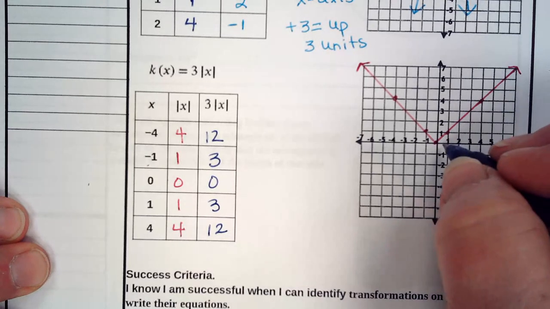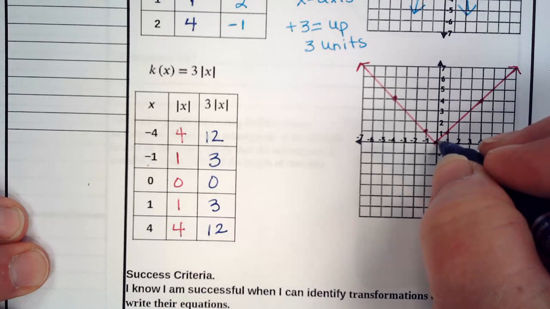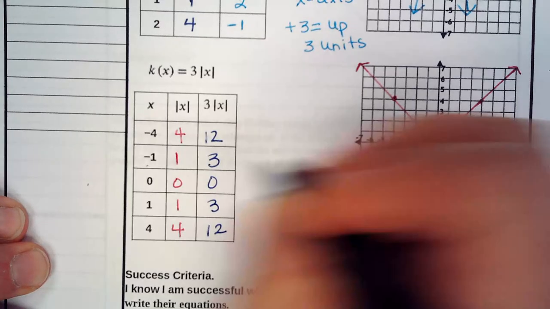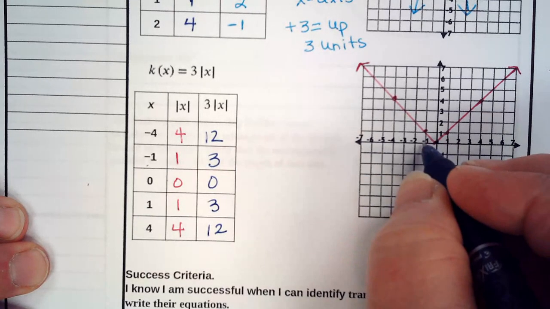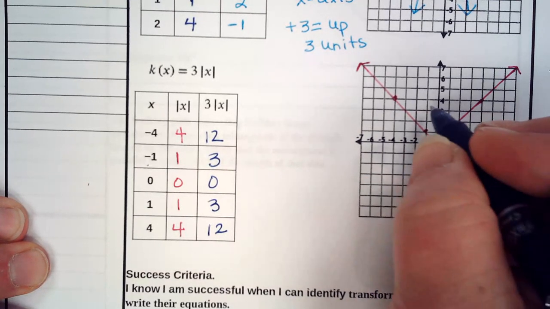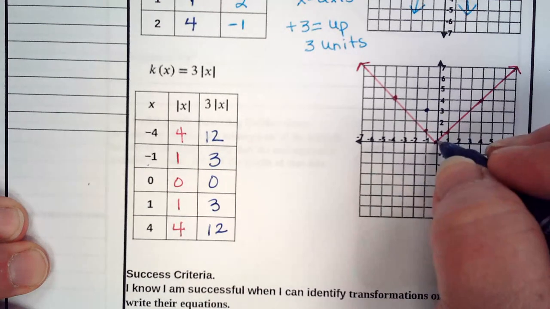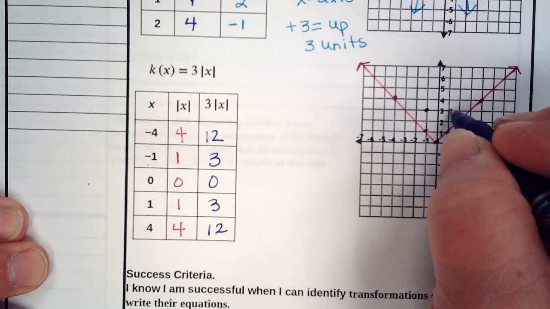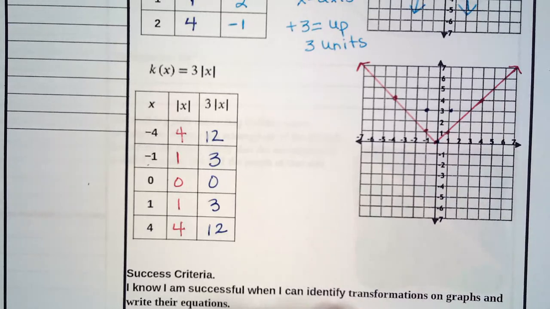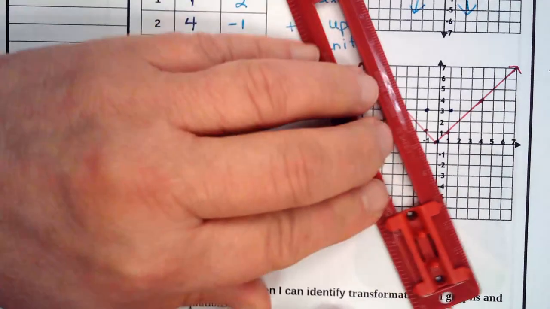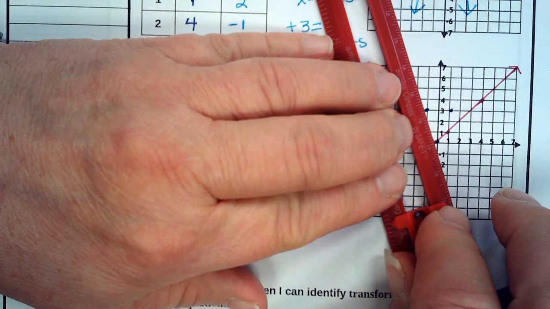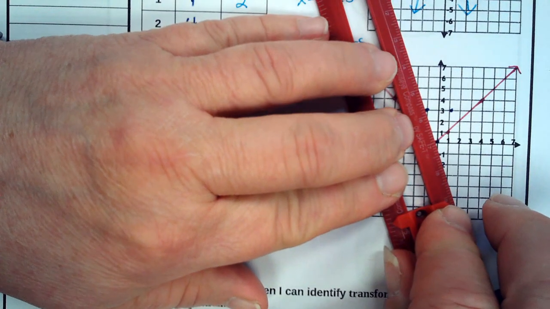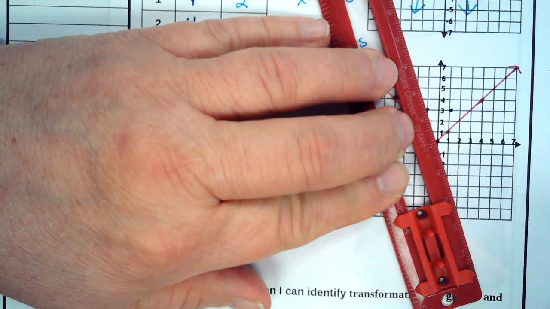So if I'm looking at this, I'm still starting at 0, 0. This time it is 1, negative 1, 3, and positive 1, 3. What in the world has happened to my graph?